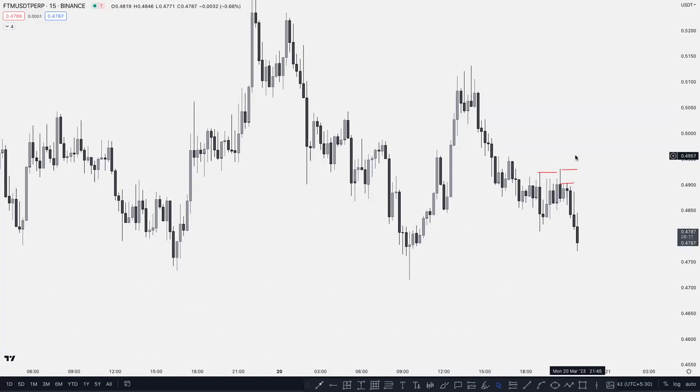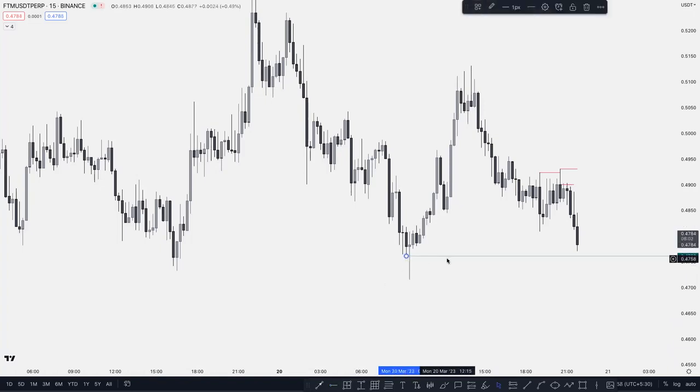Simply, you have to follow the process. Previous candle sweep, and this is an order block and sell. And this is a target.